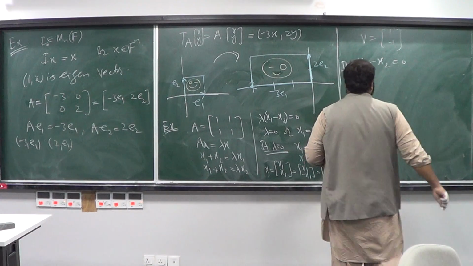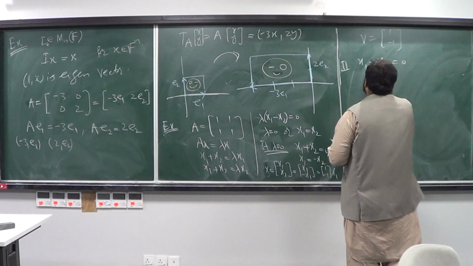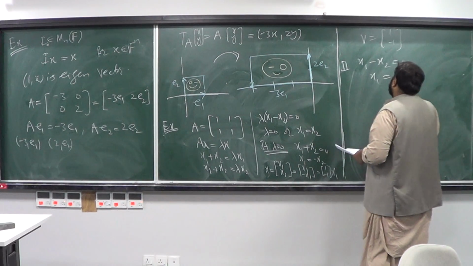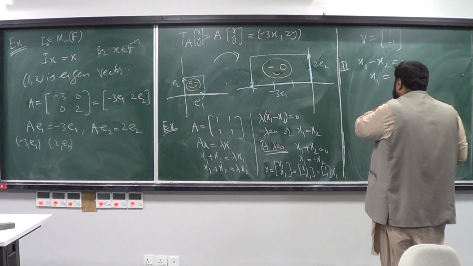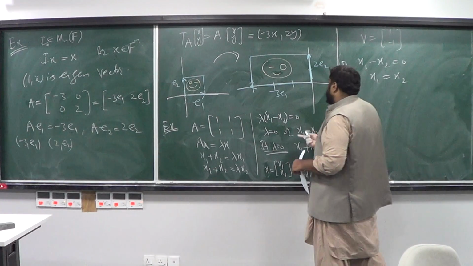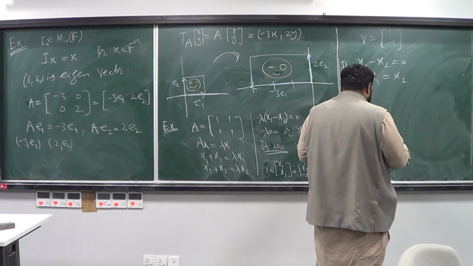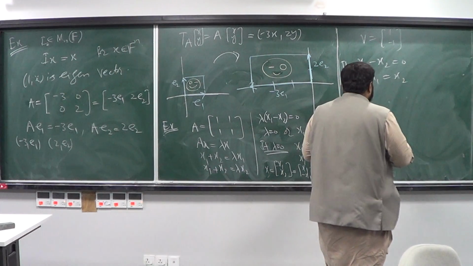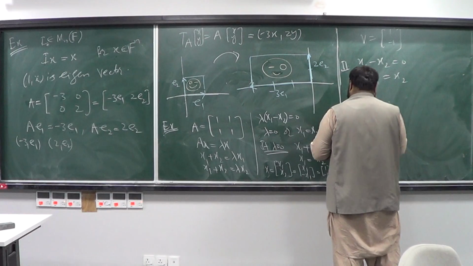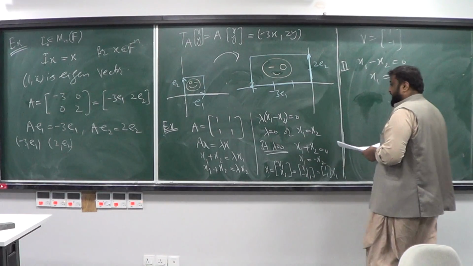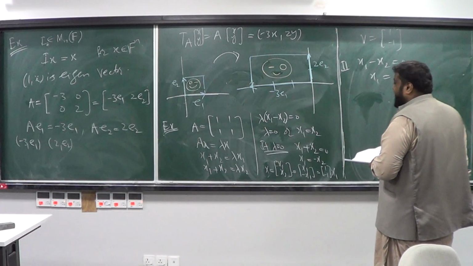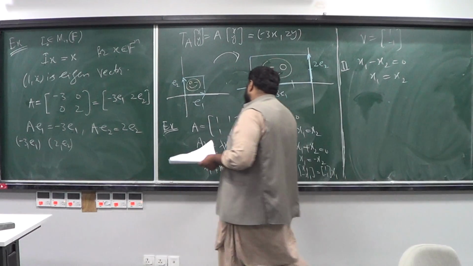If x1 minus x2 equal to 0, that means x1 is x2, and lambda is any number. So if x1 is x2, what is this going to give you?